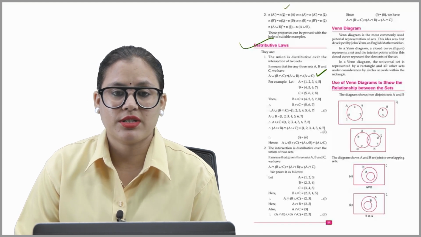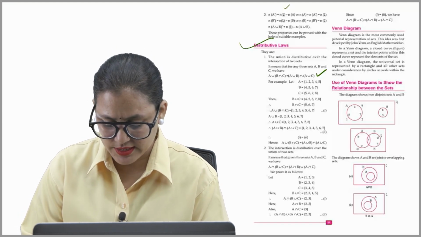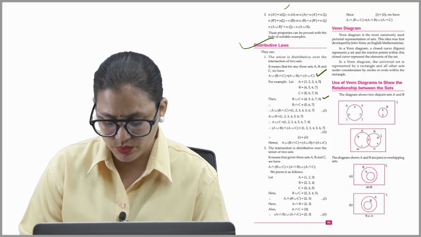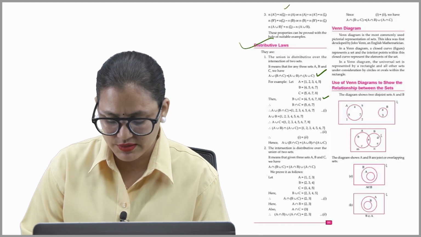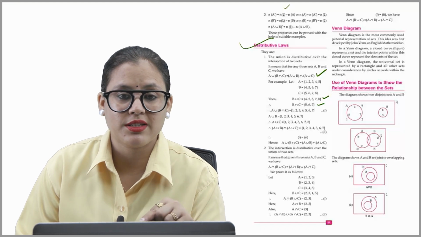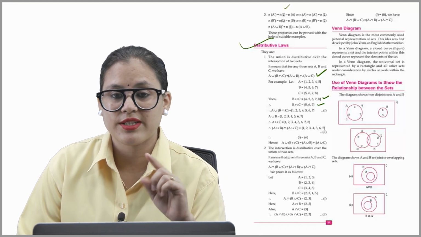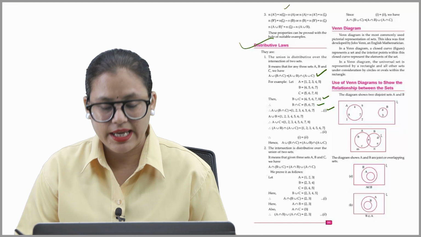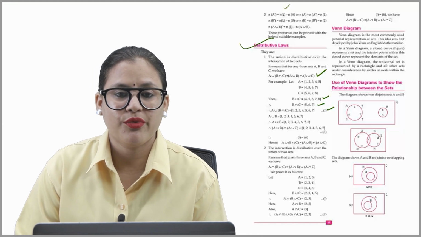Then B intersection C is 5, 6 and 7. Therefore, A union (B intersection C) is equal to 1, 2, 3, 4, 5, 6, 7. This is 1. And A union B is equal to 1, 2, 3, 4, 5, 6, 7.